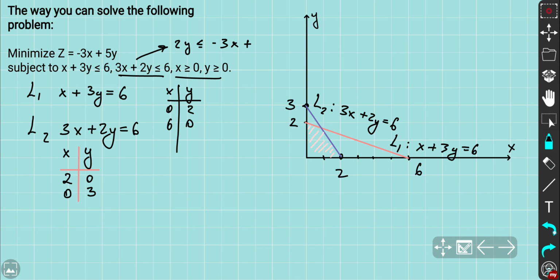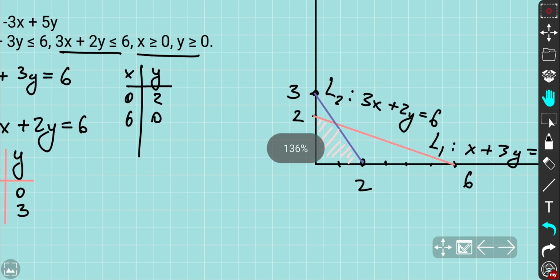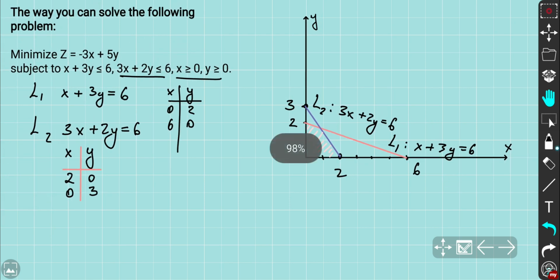Now I'm going to zoom in. By the way, I also put the z function there, our objective function z, which is negative 3x plus 5y.